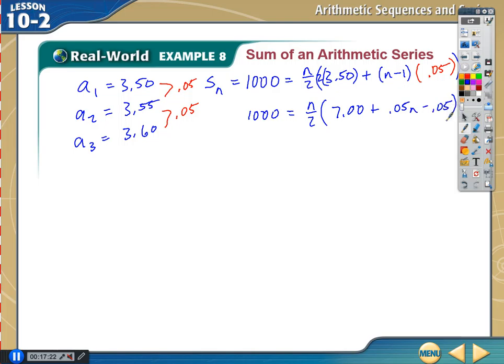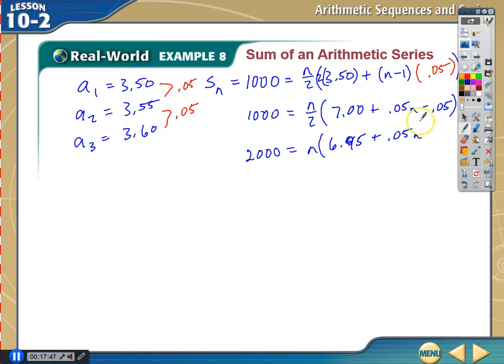First thing though is I'm going to notice, hey, I can multiply everything, both sides here, by 2. And when I do that, I get 2,000 over here. And I'm just left with n over here. And 700 minus 0.05 is 699.95, and plus 0.05 n.